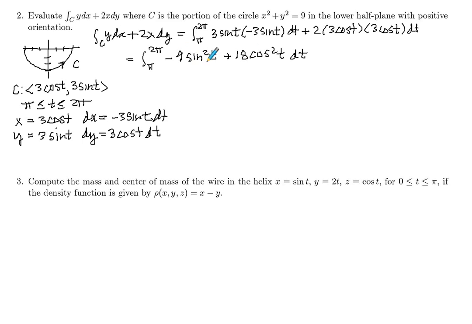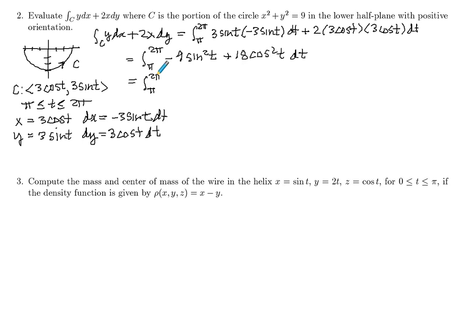So sine squared is going to turn into 1/2 times 1 minus cosine 2t. And cosine squared will be 1/2 times 1 plus cosine 2t. Why don't we go ahead and leave these coefficients in there? You might get some canceling.